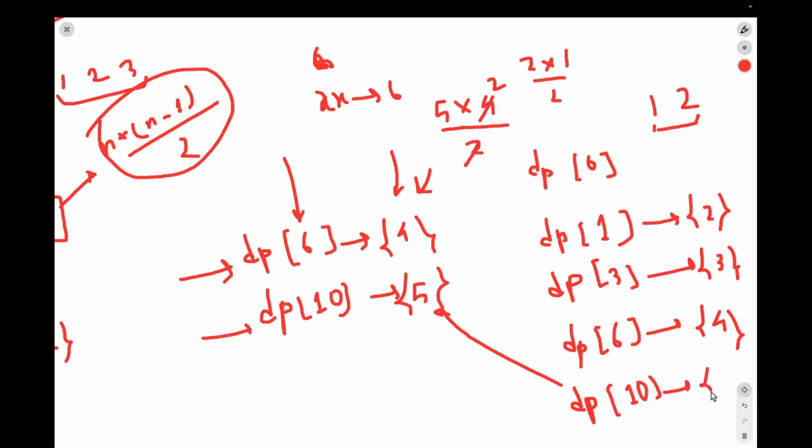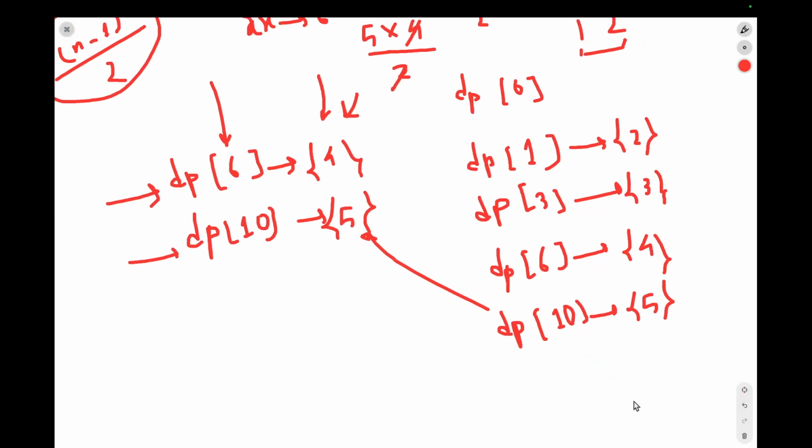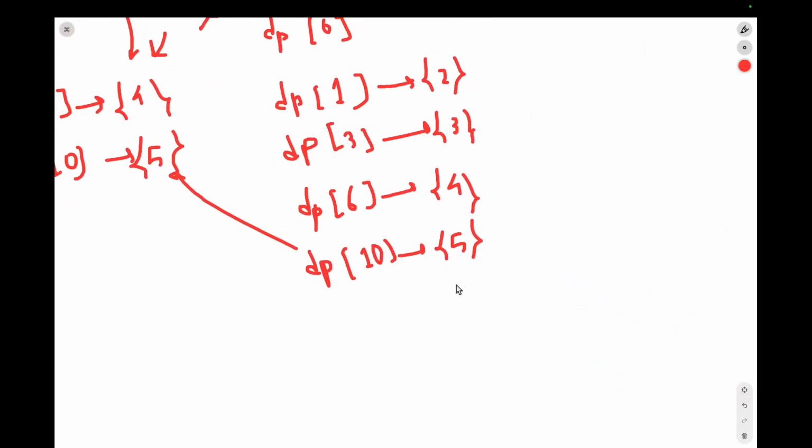Okay, so in this way we can actually know till 30, and 30 will give us what, 30 into 29 by 2, that is 29 into 15.